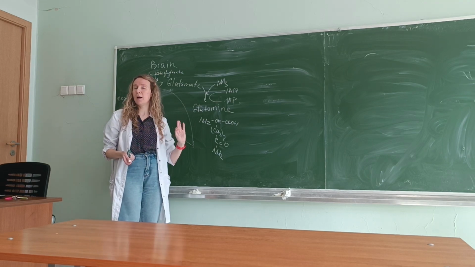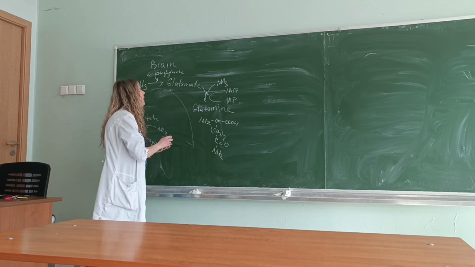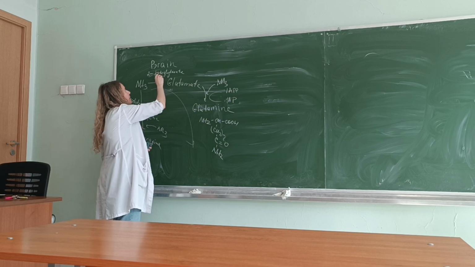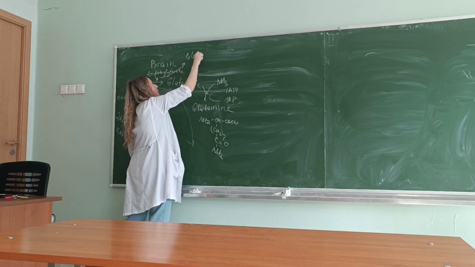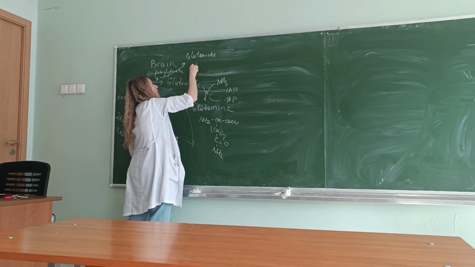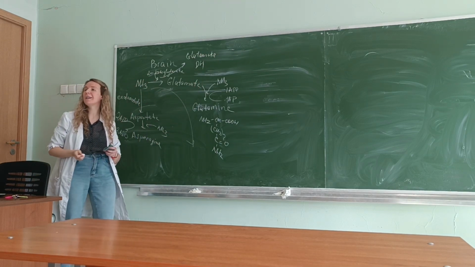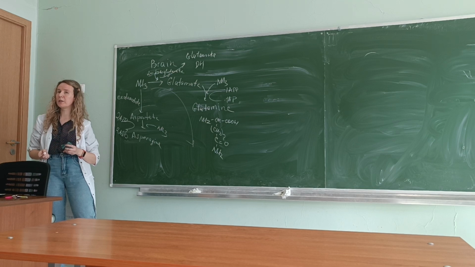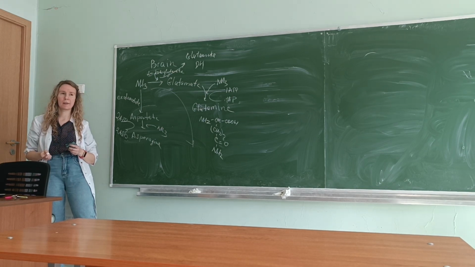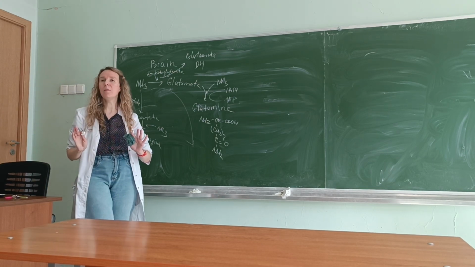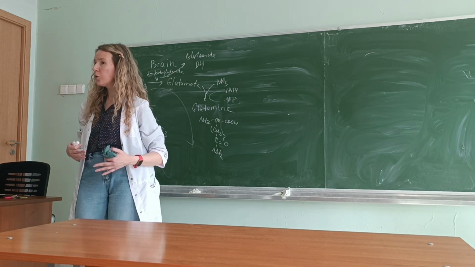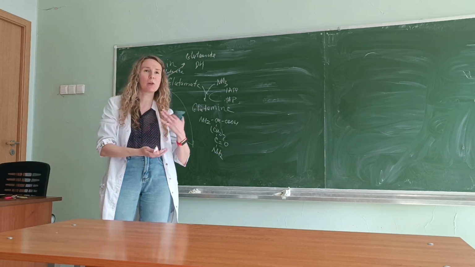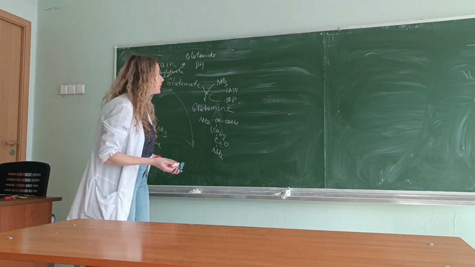The main idea why it happens in that way, the brain contains a specific enzyme, we already know it, glutamate dehydrogenase. But in muscles, this enzyme is almost absent. So muscles need to have another way of ammonia transfer.